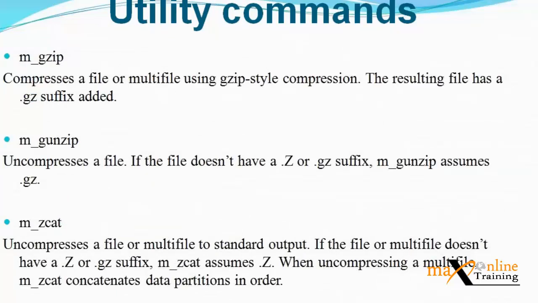So gzip will compress a file, gunzip will uncompress a file, and then m_zcat will uncompress a file or multifile to standard output. Actually, we will be able to see the original output after uncompressing, like after it removes the compressed behavior, it will list the data to standard output.